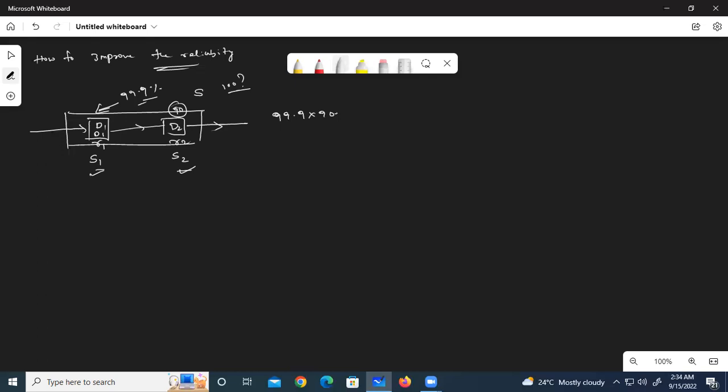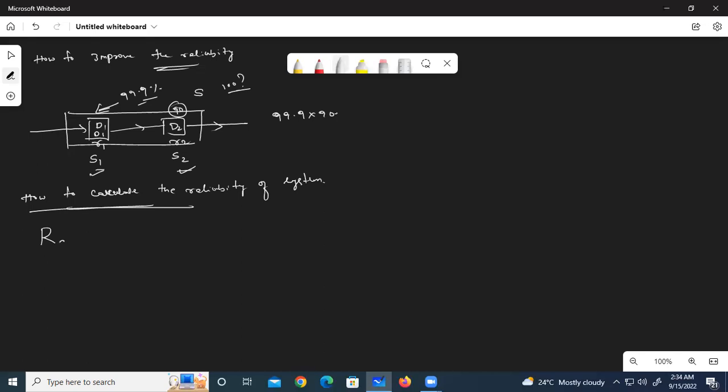Now see the formula here, how to calculate the reliability of a system. Please observe here.